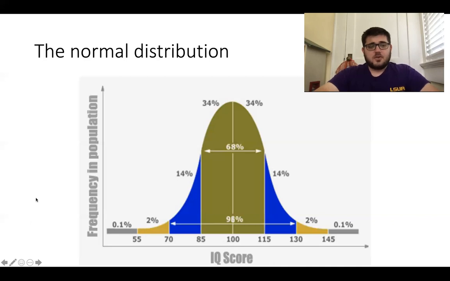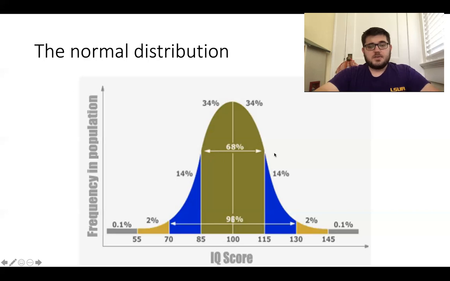With a standard normal distribution, the mean is 0 and the standard deviation is 1, so you can replace this 115 here with 1 and the 85 here with -1, but you'd still have the same shape. And the idea with the normal distribution is that no matter what you plug in as the mean, the general shape is not going to change.